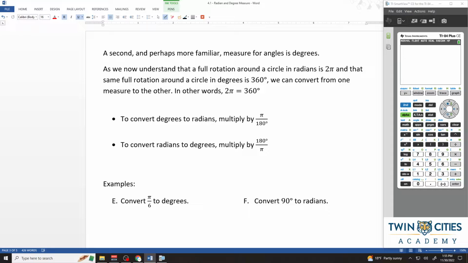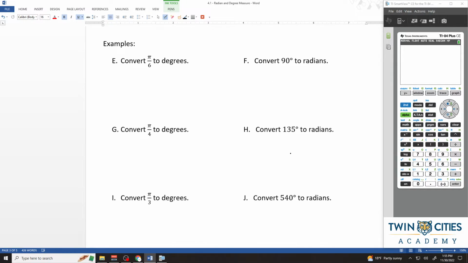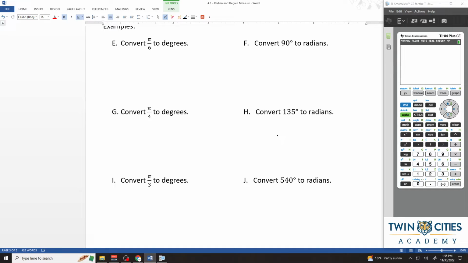Since these are the same, to convert from degrees to radians, I can multiply by pi over 180 degrees. And to convert from radians to degrees, I can multiply by 180 degrees over pi. So in these examples, I'm going to use that.